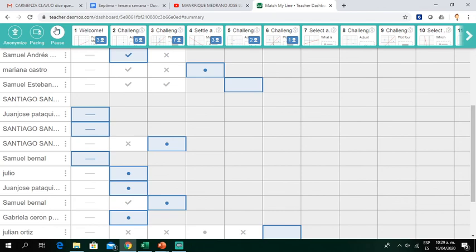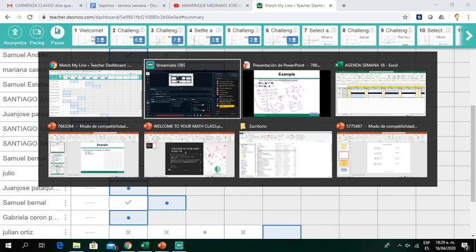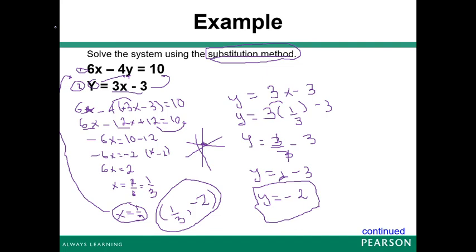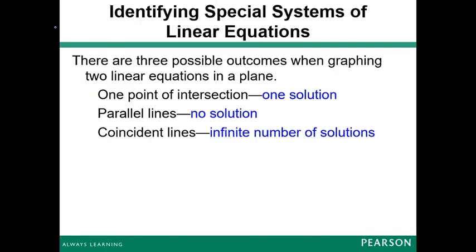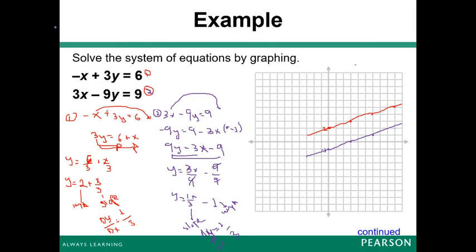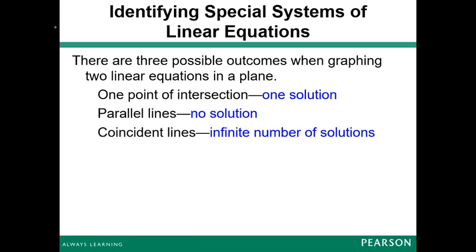Okay, please, everybody, remember that today we are speaking about the substitution method. That in some equations we can look, like in this example, that we have parallel lines. Remember that when we have one point of intersection, we have only one solution, that parallel lines have no solutions, okay?